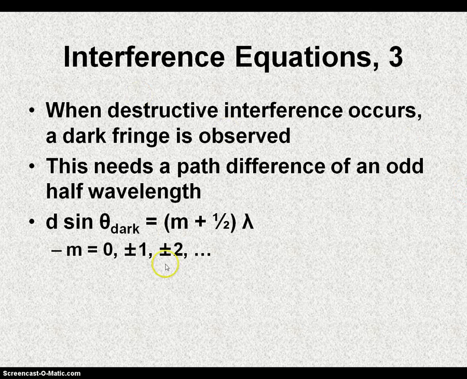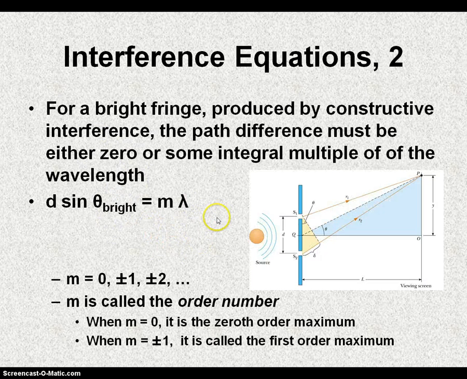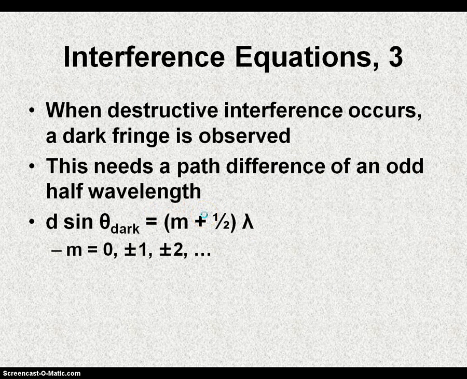Okay. Now if we want to talk about our dark fringes, this is where the destructive interference is happening. So remember that instead of being in phase, as we saw up here where we had the bright fringe, and we have some factor of the wavelength, so 1 times the wavelength, or 2 times the wavelength, or 3 times the wavelength. In the case of the dark fringe, this is where the destructive interference is occurring.